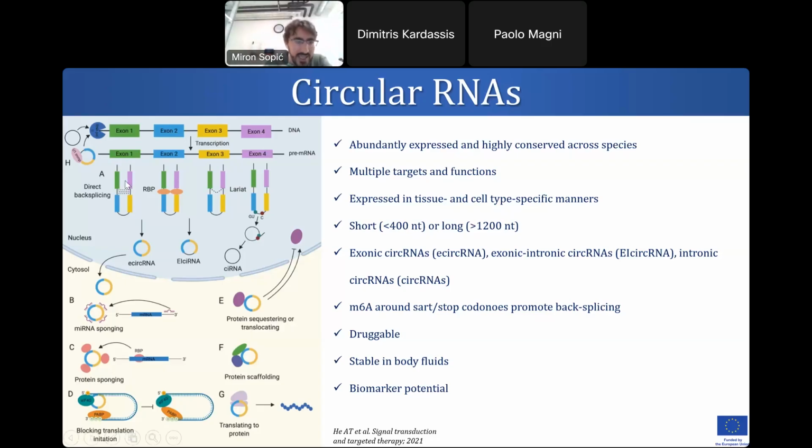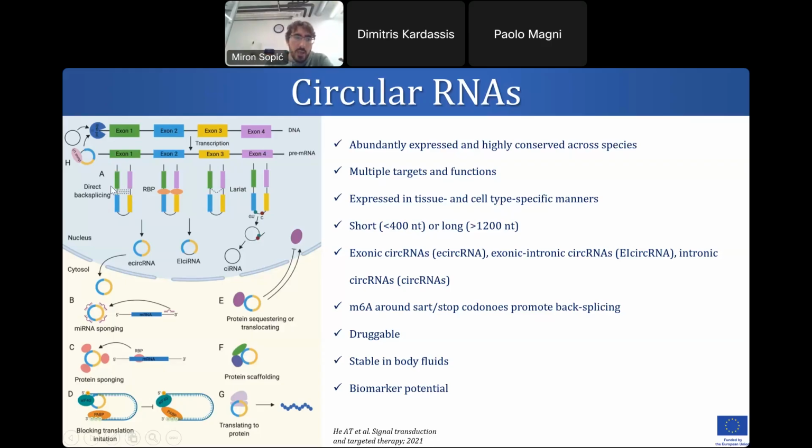So when we focus on the process of how circular RNAs are produced, the first prerequisite, the first thing that needs to happen, is to have this hairpin shape within the genome.